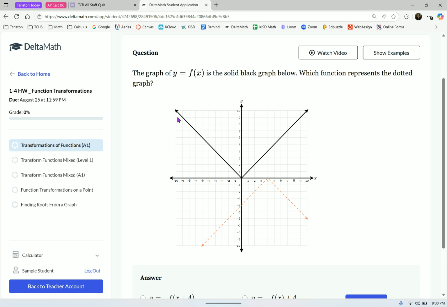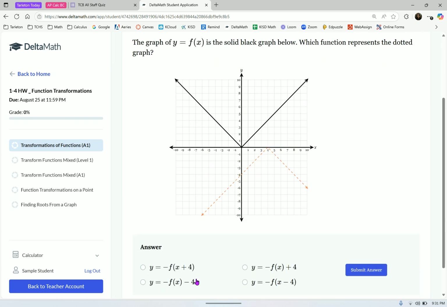And this black graph underwent a transformation and became this orange graph. So what you're supposed to do is describe the transformation that happened so that you can figure out which one of these is the final answer as far as the representative equation to this.